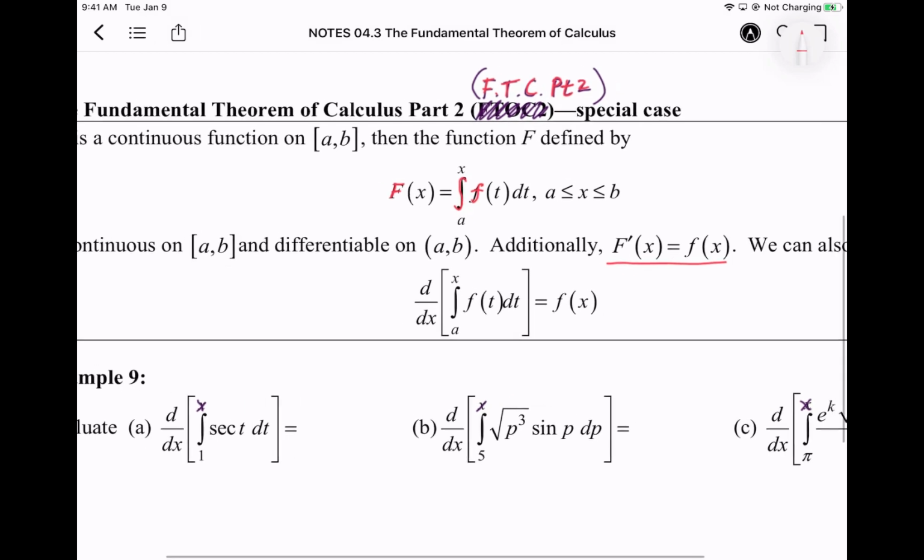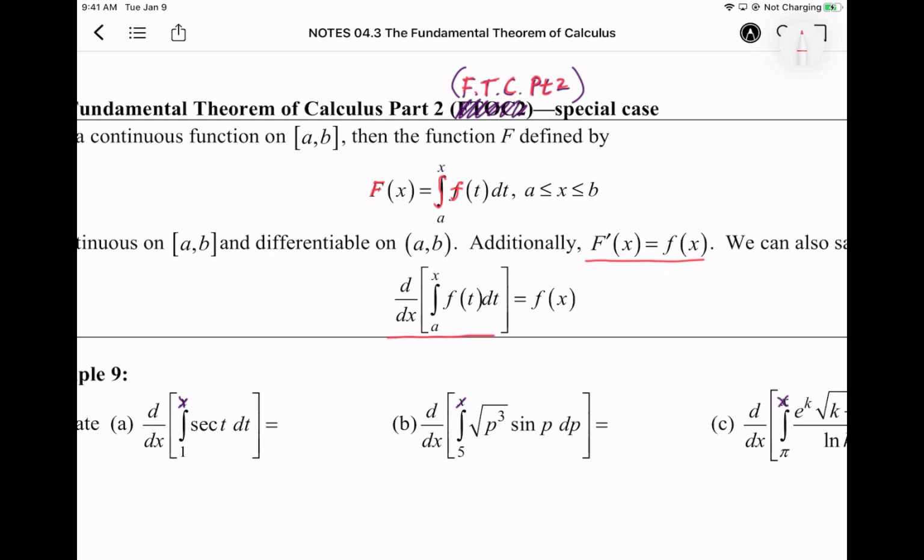More formally, the derivative of the integral will end up just being the regular function. So these two things are saying the same thing. You're more likely to see it in the more formal notation written below.